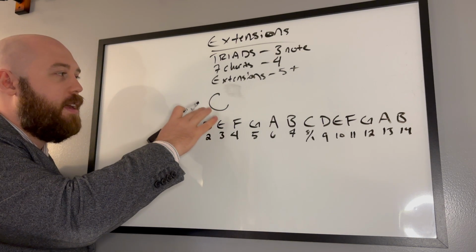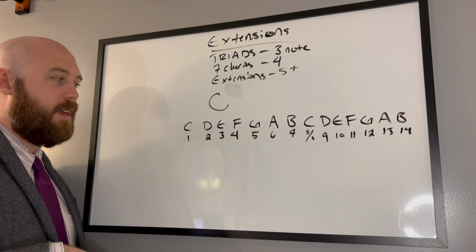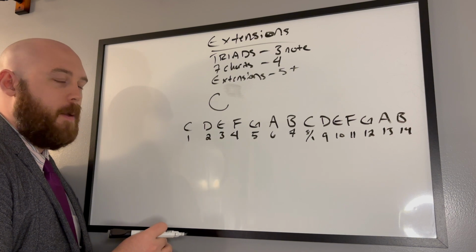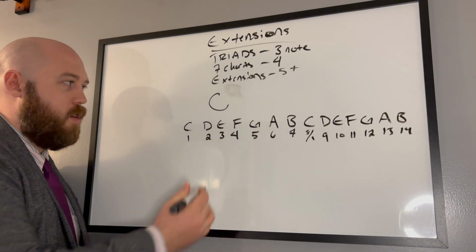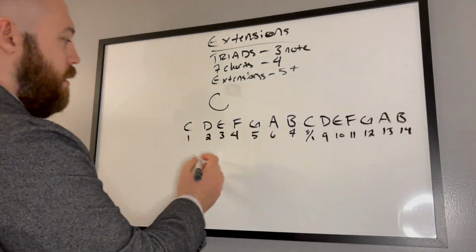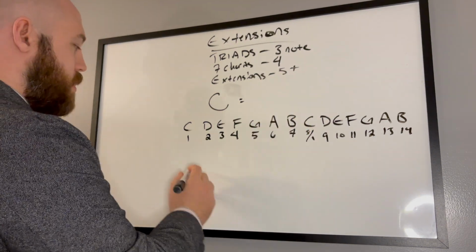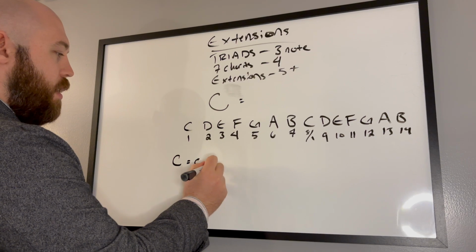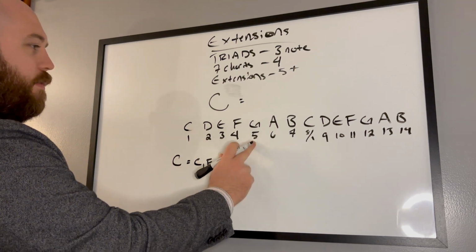So when we see a chord like this, C, you know it's the 1, it's the 3, and the 5. Okay, that's a C chord. So that would be C, E, G. 1, 3, 5.